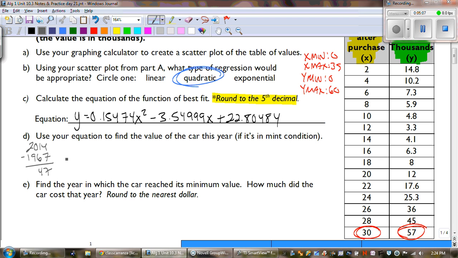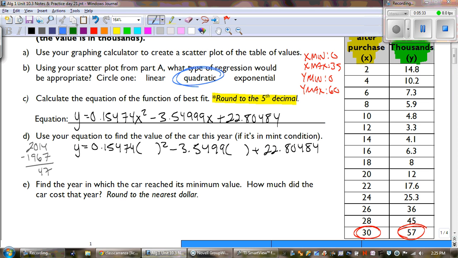And what we have to do is we have to plug that value in to see what it's worth. So 0.15474. Okay, so what are you going to plug in?